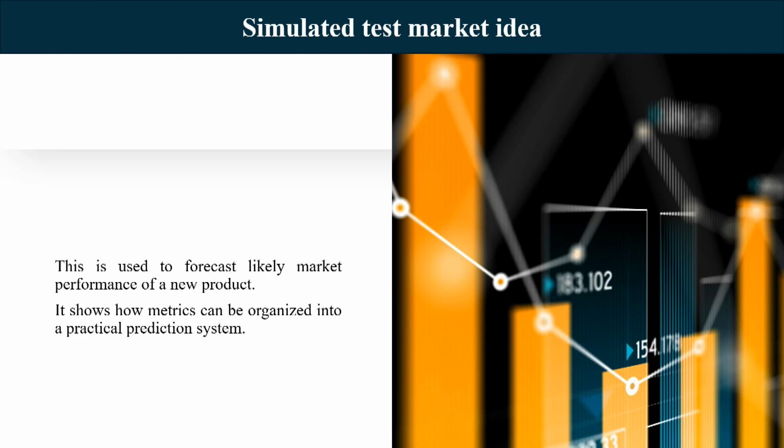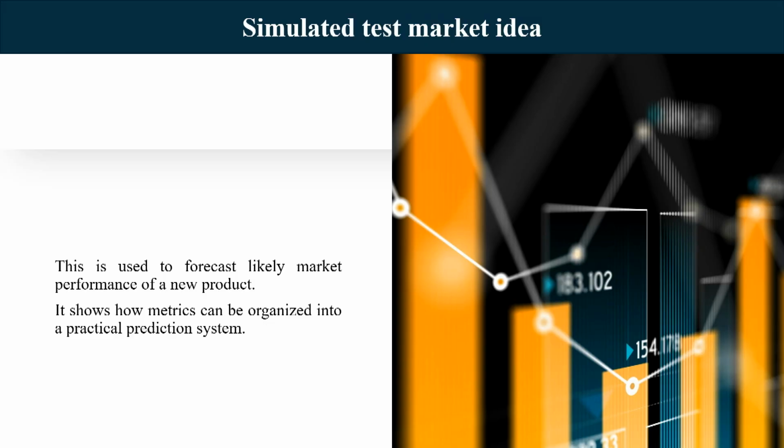But in the case of a new product, you do not have any historical data, and that is why you need to create a simulated environment. You need to simulate the reality in an artificial form in order to predict the market.